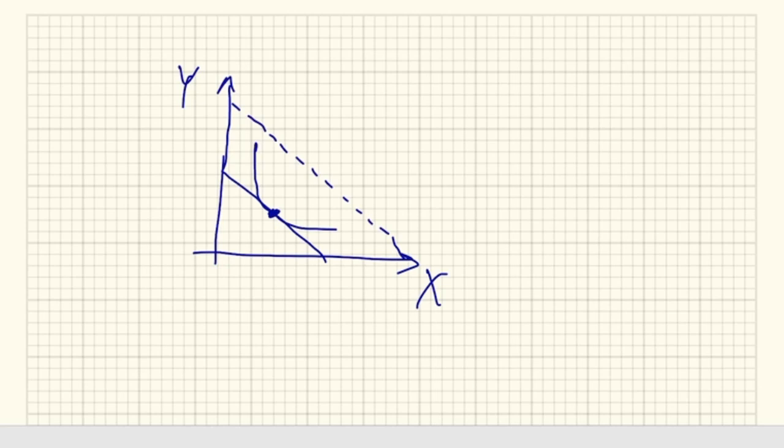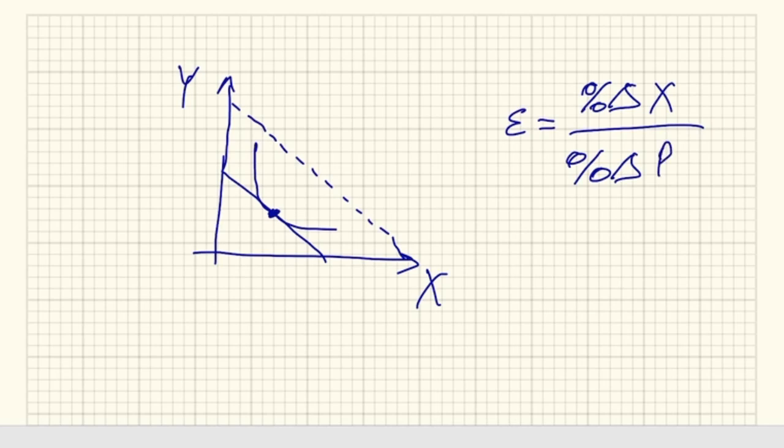And in order to answer this question, where are you going to be when the elasticity for X, which is the percentage change of X divided by the percentage change in income, is equal to 0?